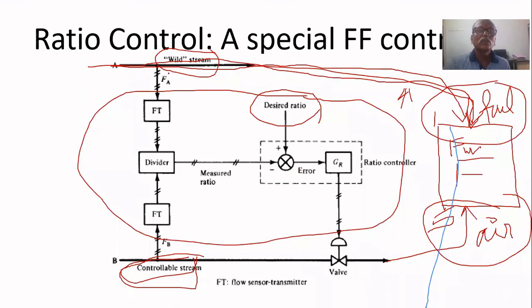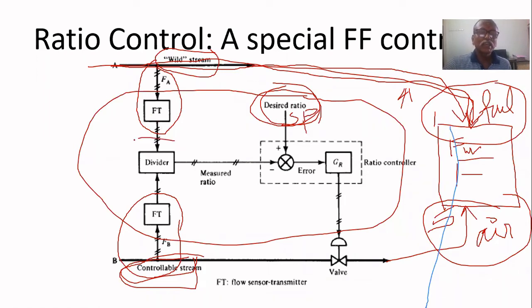So what we can do, one type of design is to measure the actual flow rate of the wild stream. The fuel flow rate is measured. Another one is the actual air flow rate, measured here. It should be equal to this desired ratio. That is the set point. The set point is the desired ratio at which air should be supplied.